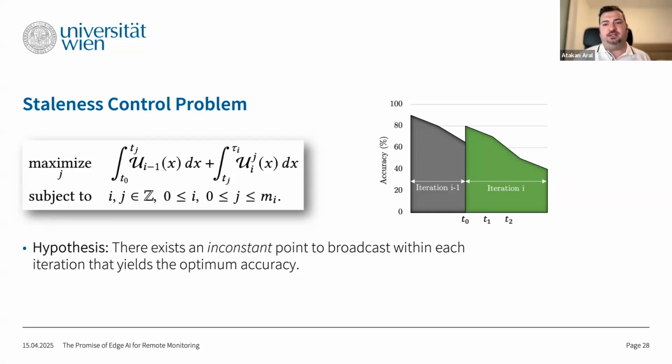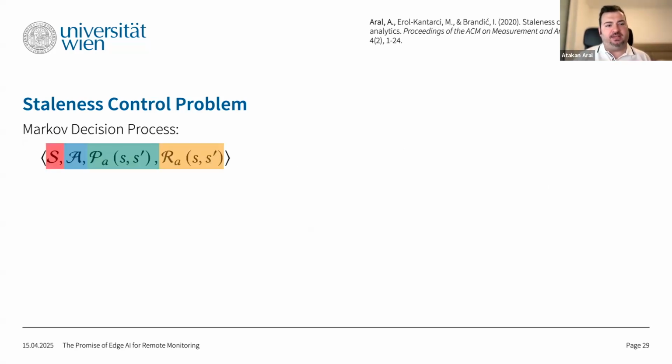And to optimize it, we modeled the problem as a Markov decision process, which consists of 4 parameters: the states, actions, then state transition function, and the reward function.